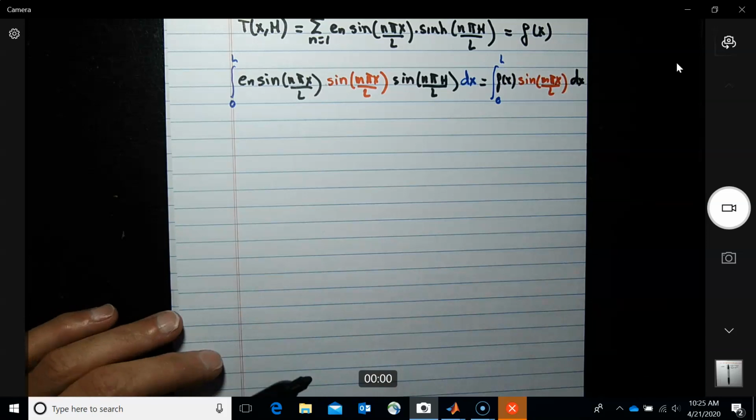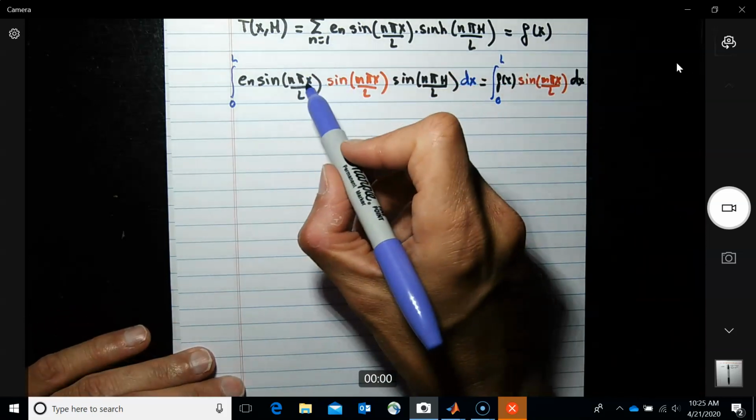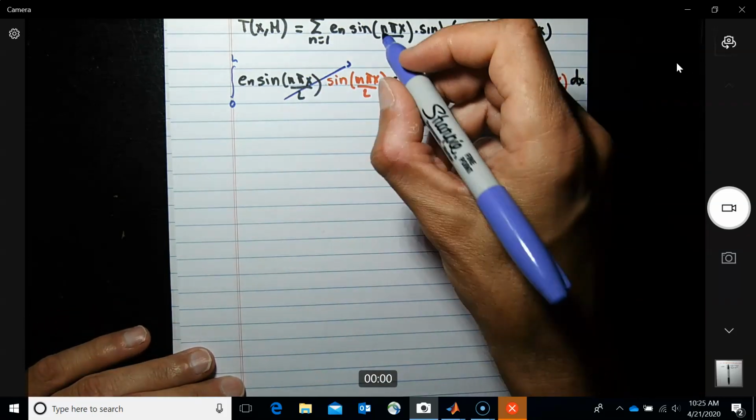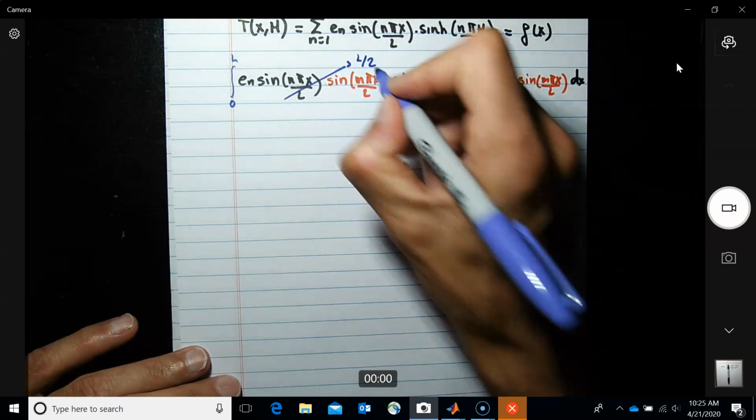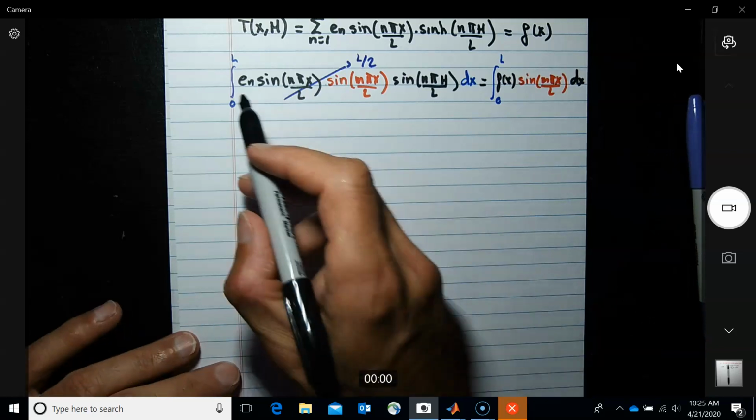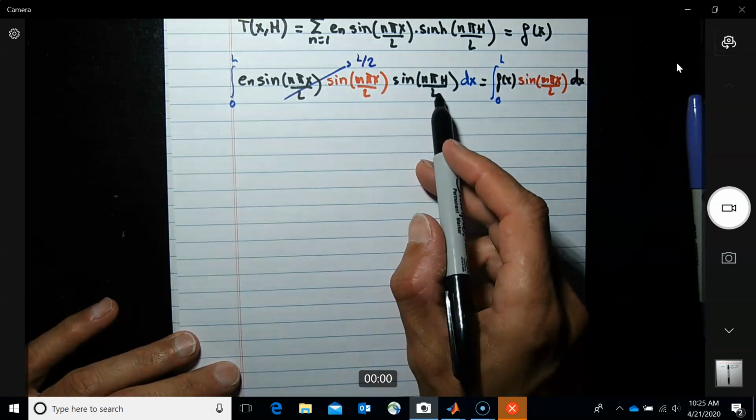You see right away that these two sine terms will be equal to L over 2. E sub n is a constant, and this is also a constant.